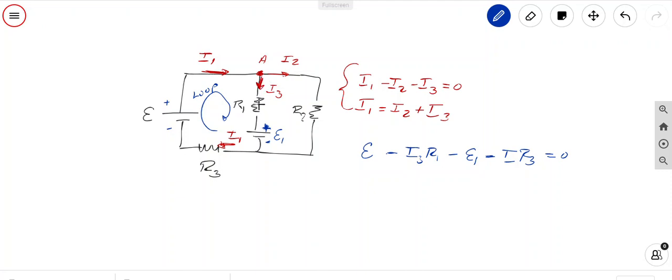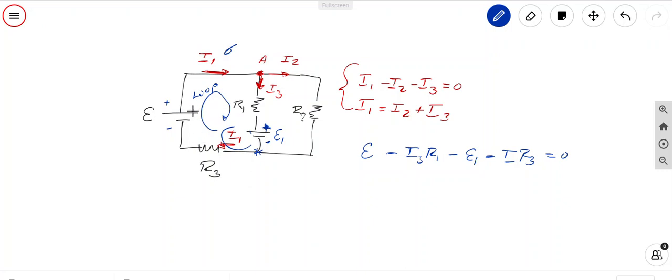So if I say that I1 is the current passing through this part, and I say that through R1 is passing the current I3, and then I say, of course, that I3 and I2 join at this junction again. So to the left of this junction over here, what we have is again the current I1 that we had over here.